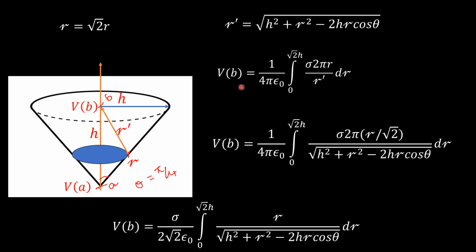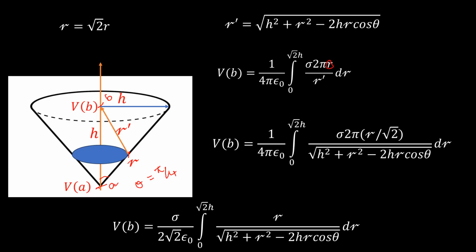So now what is V of P, which is equal to 1 over 4 pi epsilon naught integral, integrating 0 to square root 2 h, sigma 2 pi r divided by script r prime dr. Now what is r?